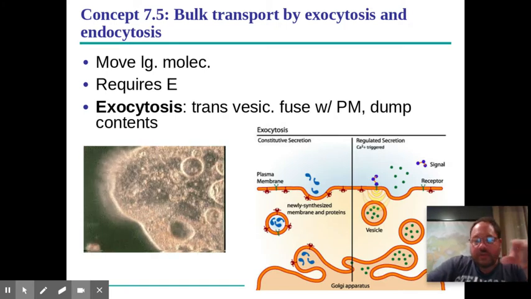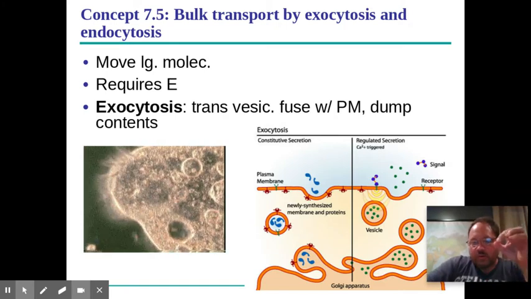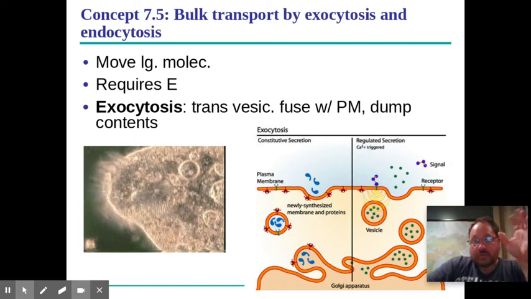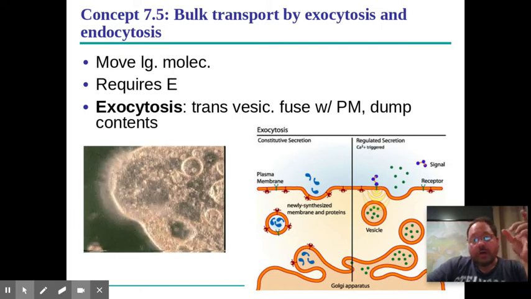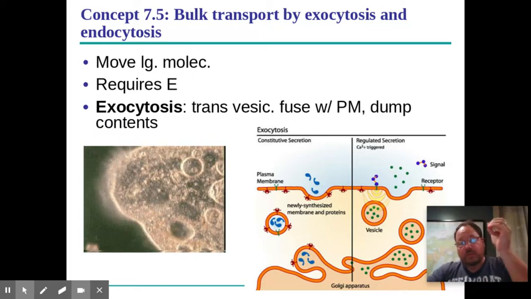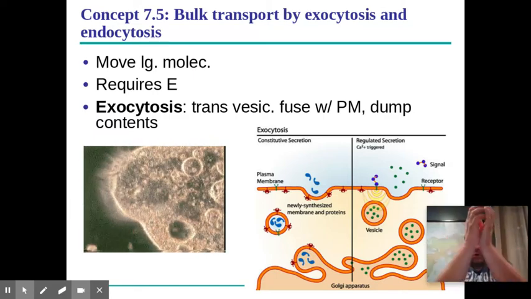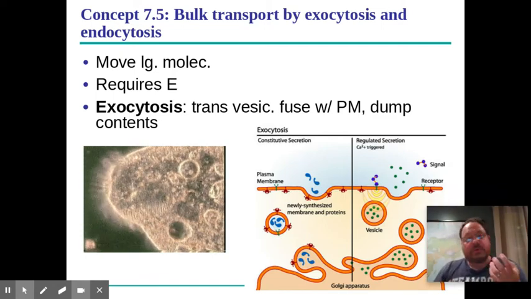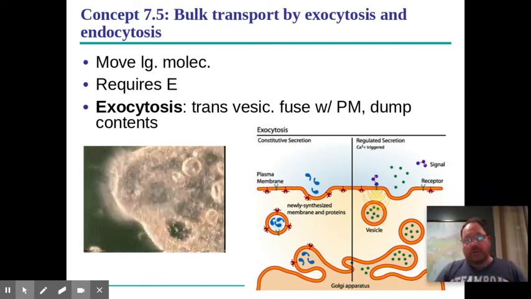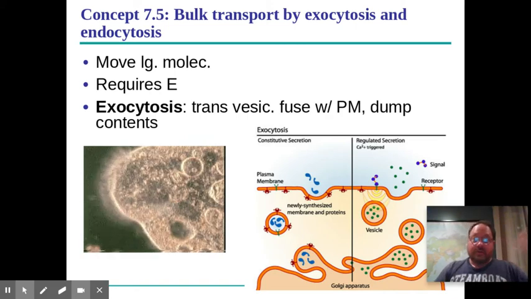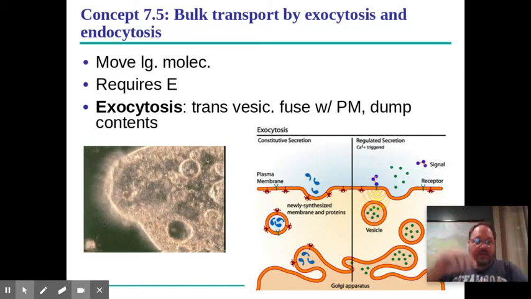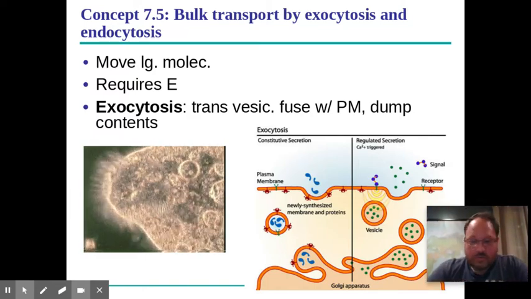So remember with endomembrane transport, where the Golgi can modify and activate some proteins and then ship them off to where they need to go? Well, if those membranes fuse with the plasma membrane, it can open up and dump those contents out. So maybe a cell is producing insulin to help lower your blood sugar. Well, that insulin needs to travel through your bloodstream. So the vesicle carrying the insulin will fuse with the plasma membrane, open up, and dump the insulin out.